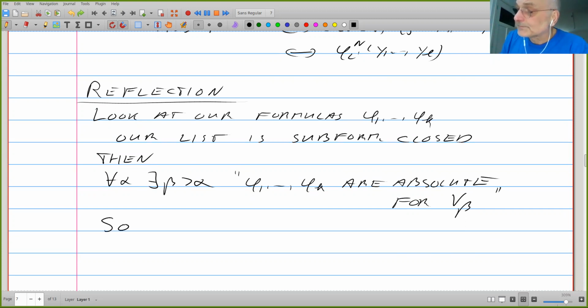So for our axioms, we can take a list of formulas and prove this. Then we can say, but wait a minute, our formulas were axioms.